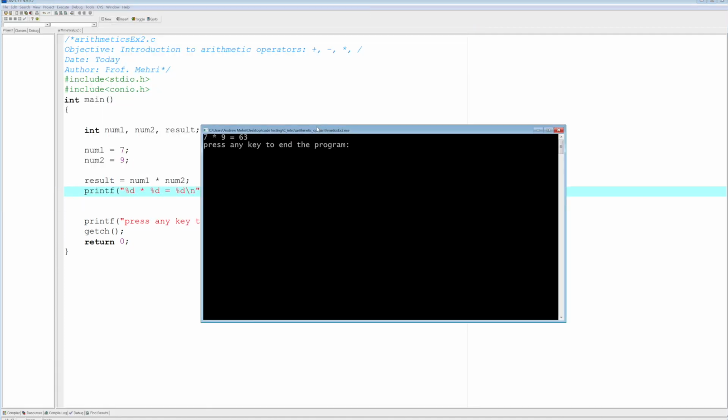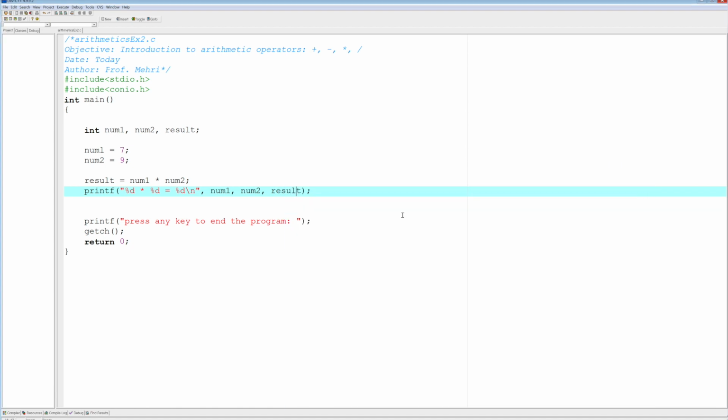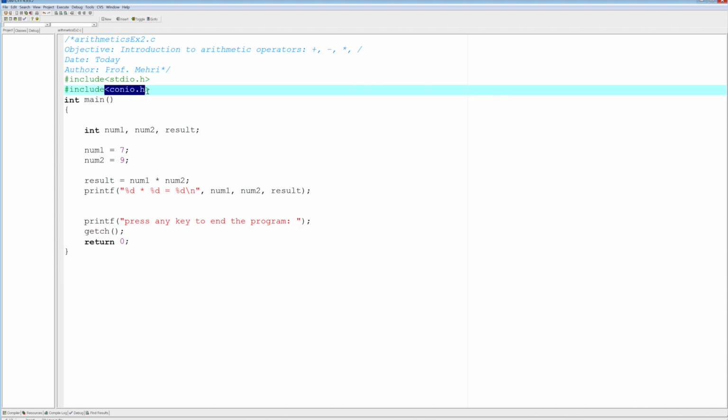And there you have it. All right. So 7 times 9, you get 63. Press any key to continue, and we're good. Right. Our press any key to continue is done with the getch function that is defined in this library file. Okay, so I've done this instead of system pause, just in case you're on a different platform.